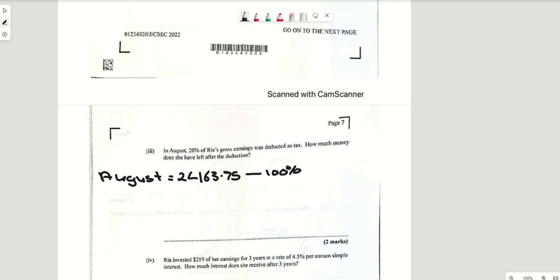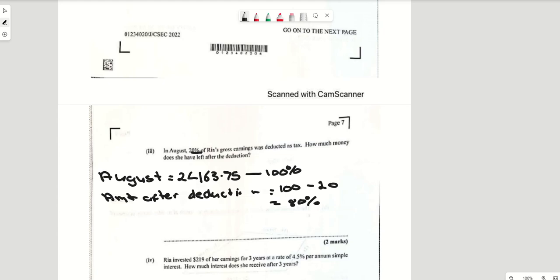They want to know, she had 20% deductions. So the amount after deduction would be 100 minus 20, which is equal to 80%.